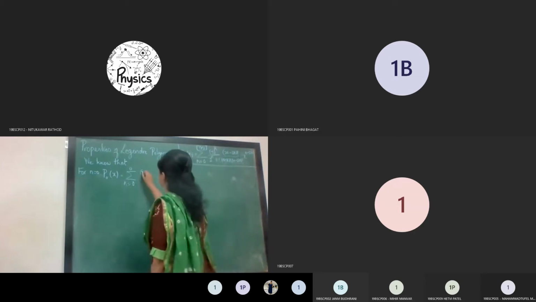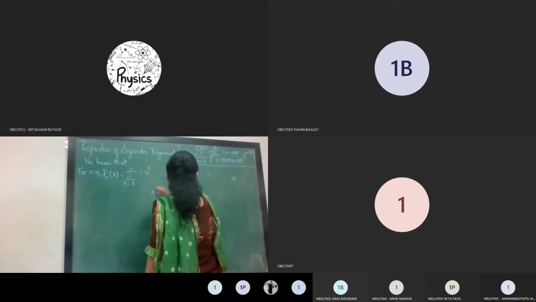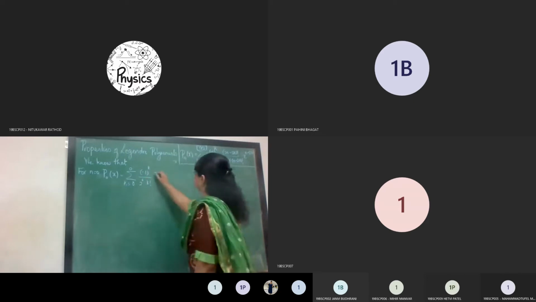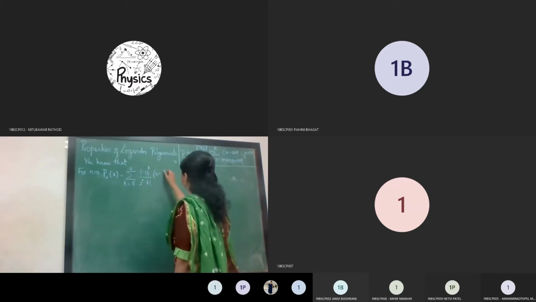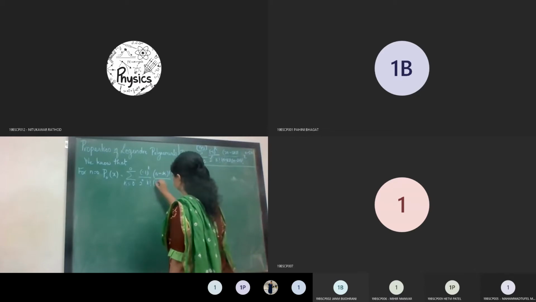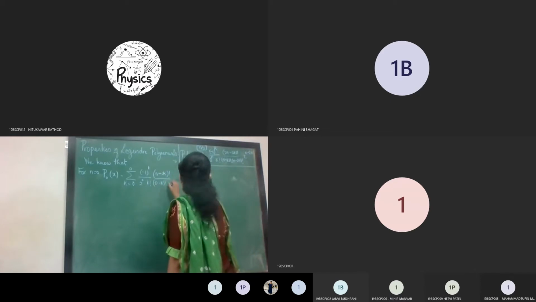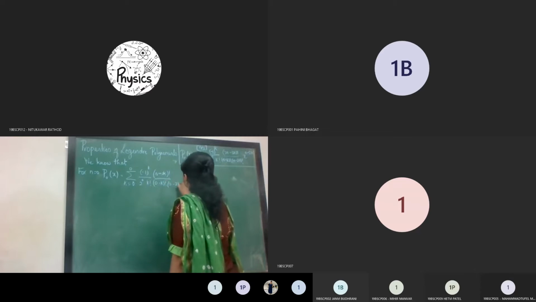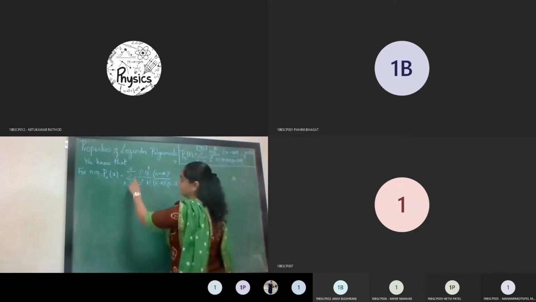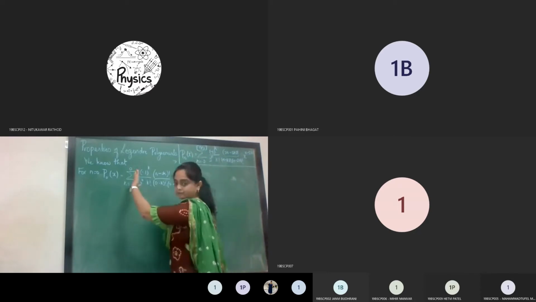And now let me consider the value of n to be 0. So (-1)^k, 2 raised to 0, k factorial, (0 minus 2k) factorial upon (0 minus k) factorial, (0 minus 2k) factorial, x raised to (0 minus 2k). But what is k? k is starting from 0 and ending at 0, that means k is equal to 0 itself.